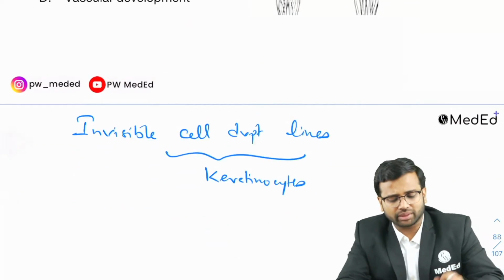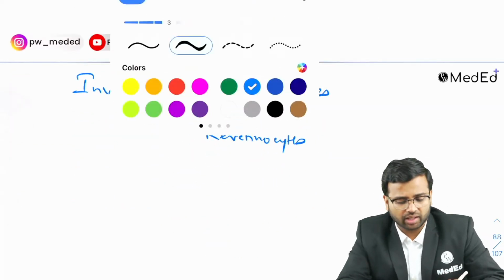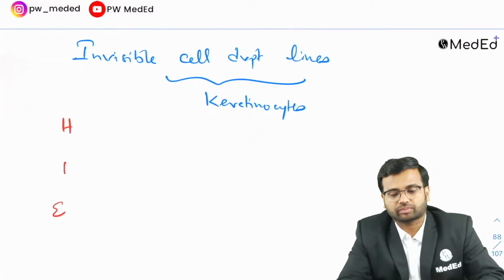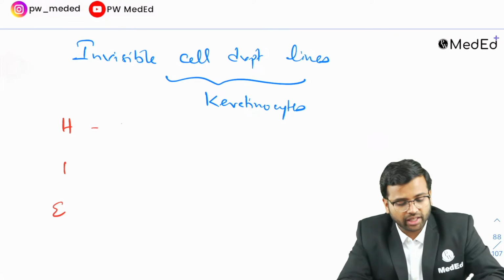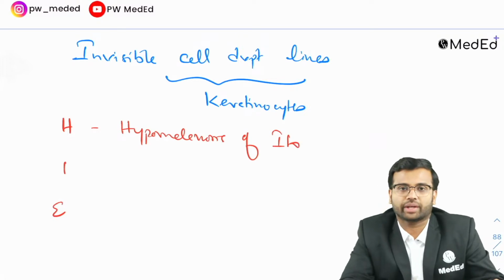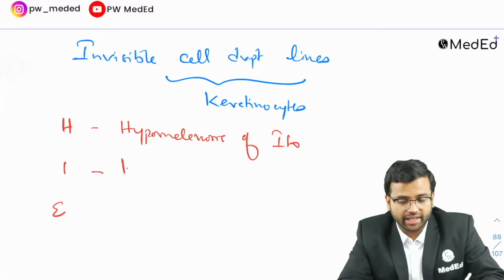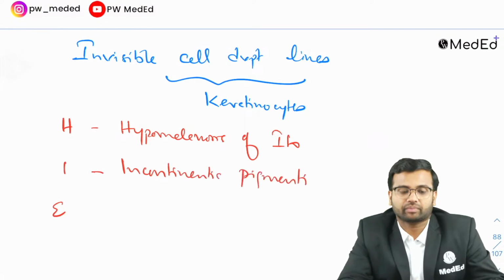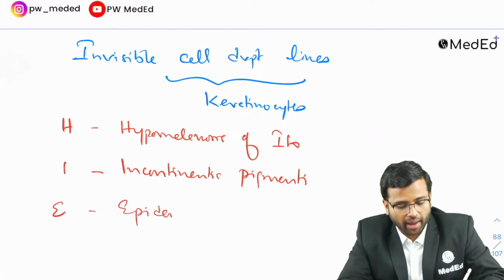Now you can remember these diseases as another mnemonic, that is HIE. Now what is HIE? So H is for hypomelanosis of Ito. Okay, hypomelanosis of Ito. I is for incontinentia pigmenti, and E is for epidermal nevus.